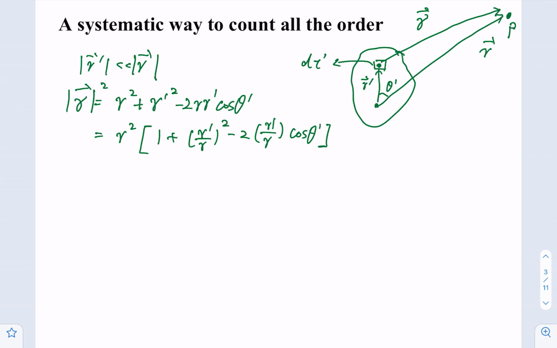And now we can simply define this small quantity as epsilon, and now this separation vector actually can be written as r times 1 plus epsilon, where I've taken a square root of this expression.